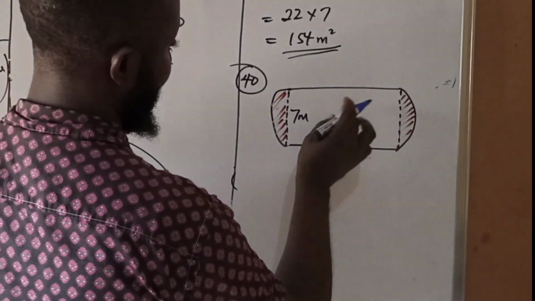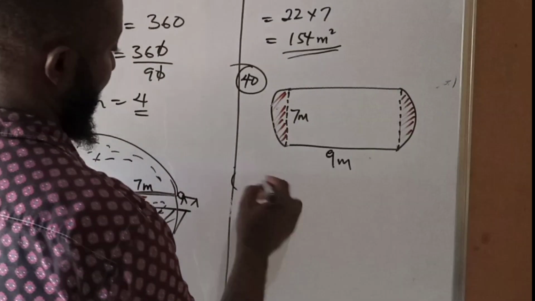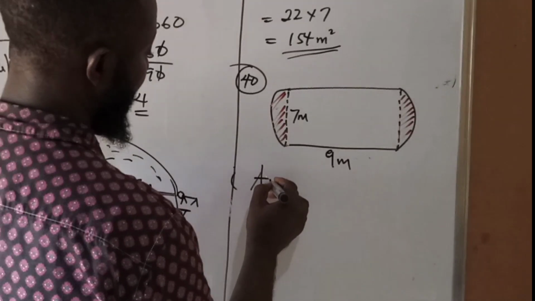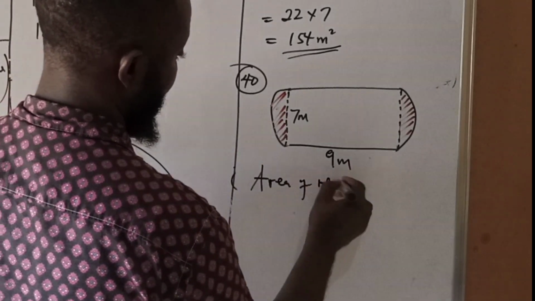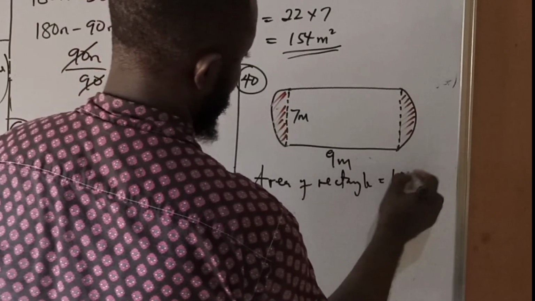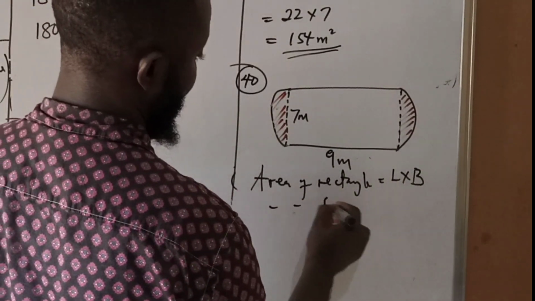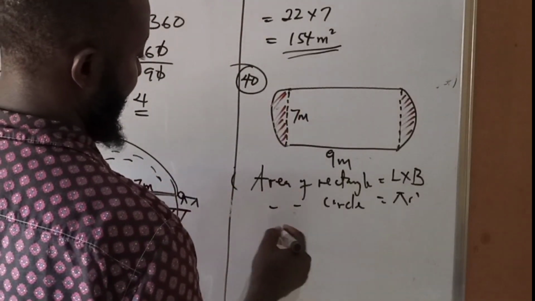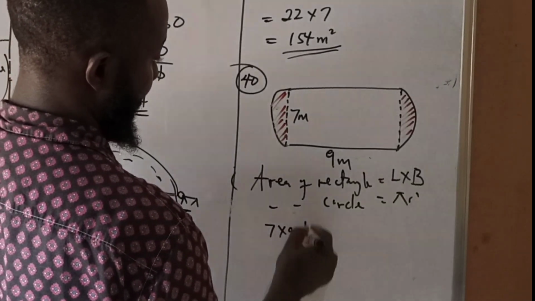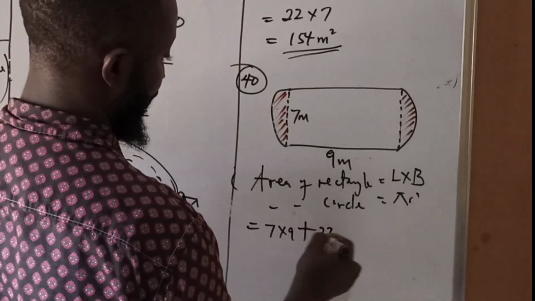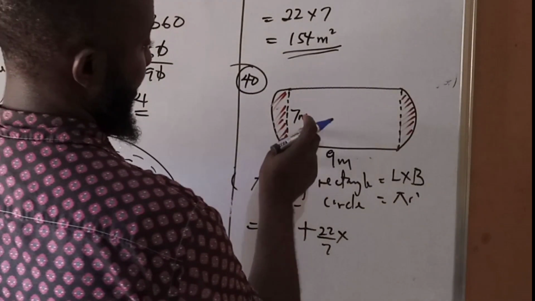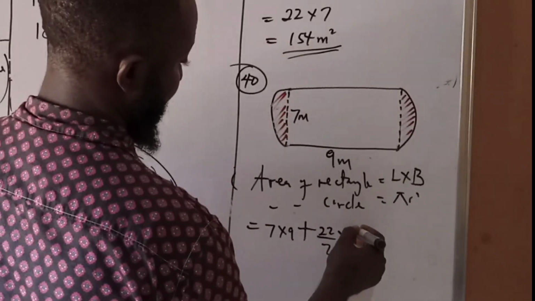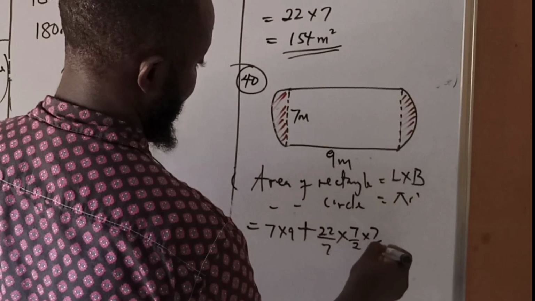So in that case, the area of a circle plus the area of a rectangle. The area of a rectangle is length times breadth, while the area of a circle is pi r squared. So in that case, the area will be 7 times 9 plus 22 divided by 7 times, this is the diameter, so half of the diameter is 7/2, times 7/2.